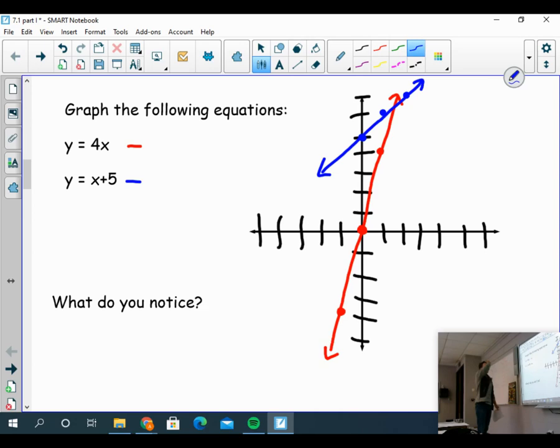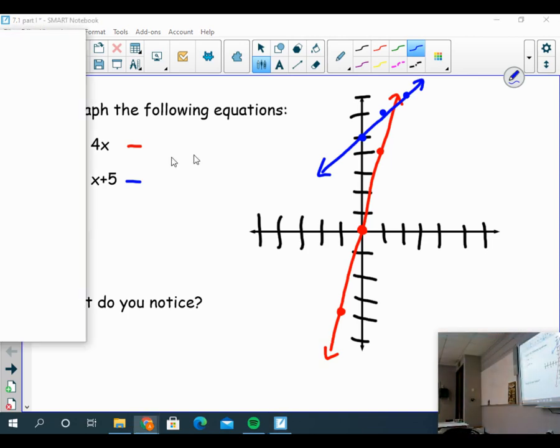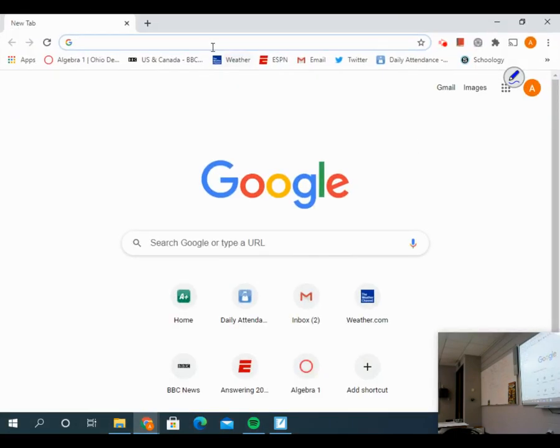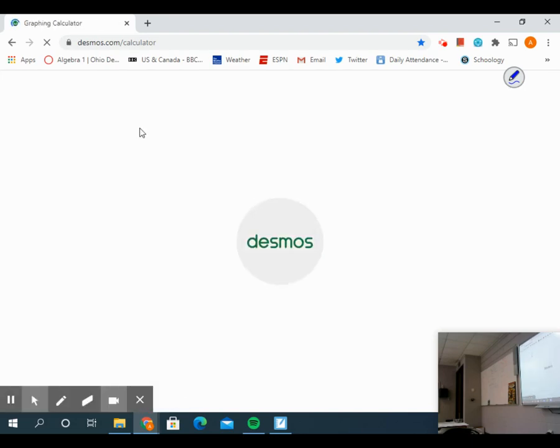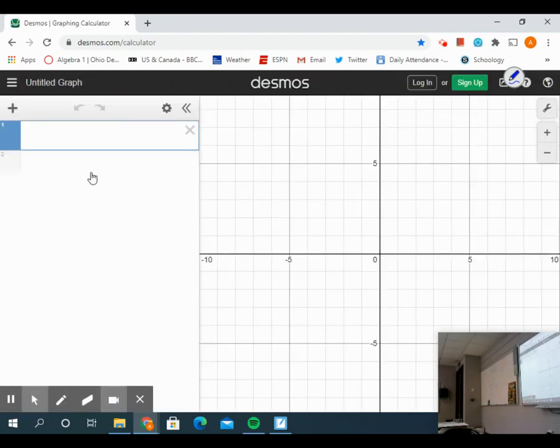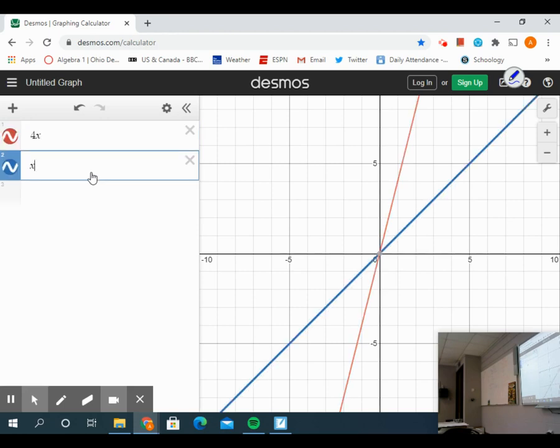Now, that's not really a nice, even, neat number. You're not going to find a nice, neat number. What, again, you should notice, though, is that the two lines intersect. If we graph this on a professional graphing system, on a site like Desmos, and we graphed our two equations, we could get the exact point of intersection. 4x and x plus 5.